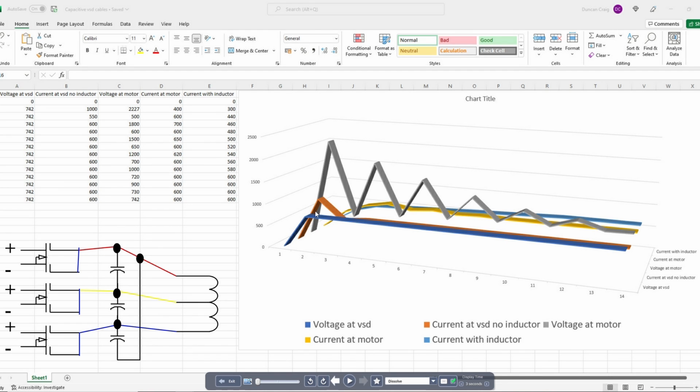Now the next line is your current at that point if you've got a problem. So what happens is that current rises very sharply, and it actually rises way above the average value that's going to be after that because of the capacitance.